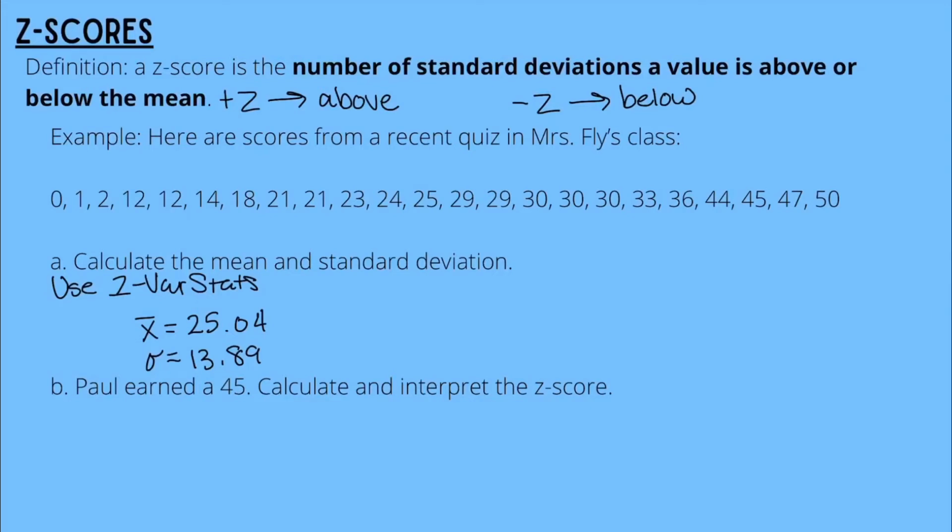And our formula for z-score is going to be z equals our value that we're interested in minus the mean divided by the standard deviation.